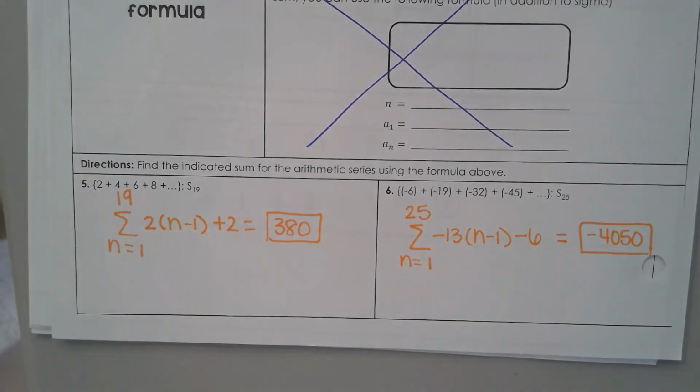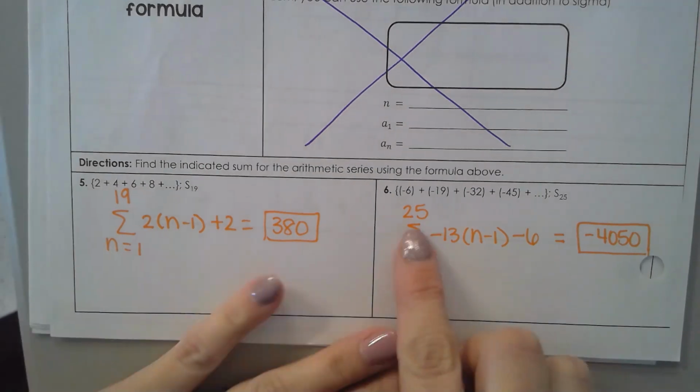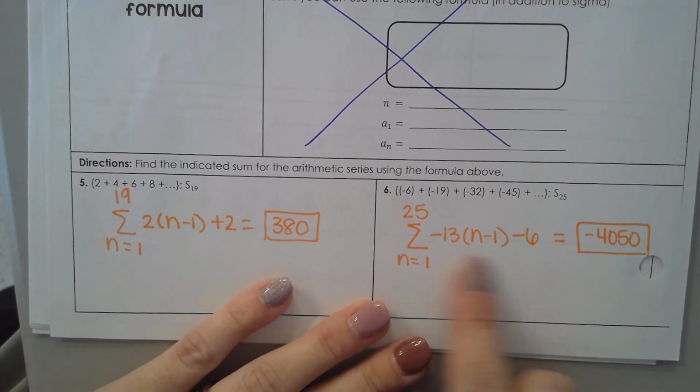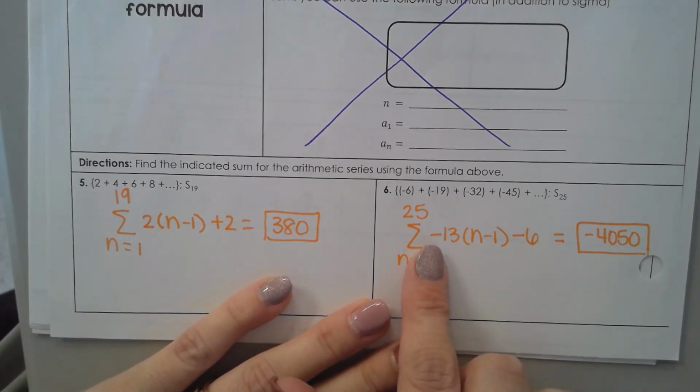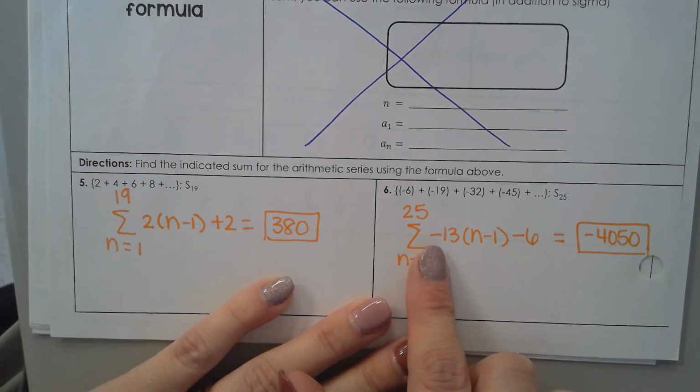Alright, so numbers 5 and 6, 380 and negative 4050. This is weird. Any questions on those? Because on number 6, I had the same exact thing written down, same thing happened with my calculator, and it's wrong. Did you put a negative 13? Can you not enter negative 13 on a calculator? You can.